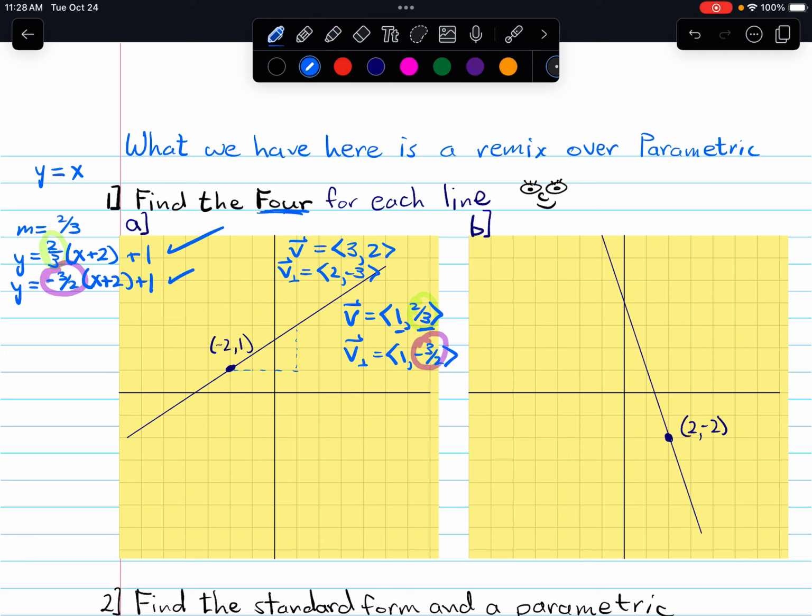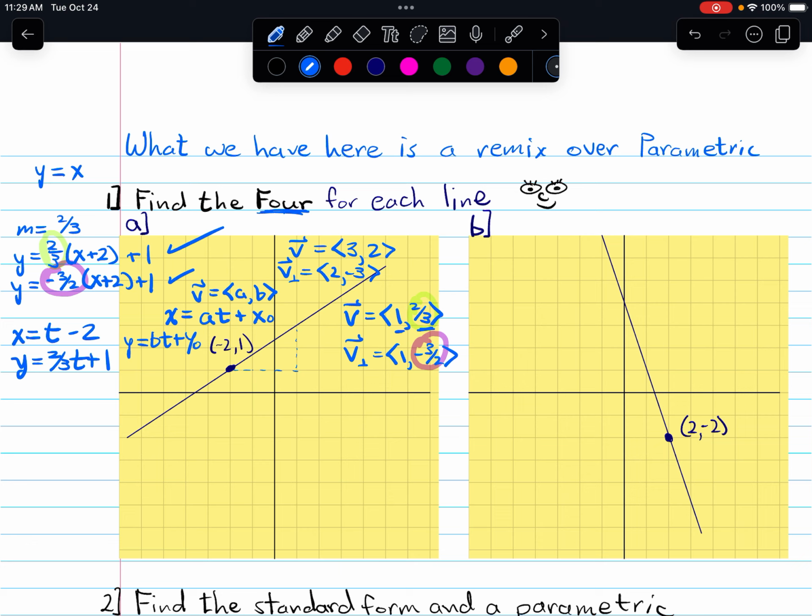So now we have this. We have x is equal to, first of all, t minus 2. See, we've got the vector and the point. And then y is equal to 2/3 t plus 1. See, I just get this point. So what we're doing is we're saying if we've got a vector AB, remember we're saying x equals AT plus the point, and y is equal to BT plus the y coordinate.